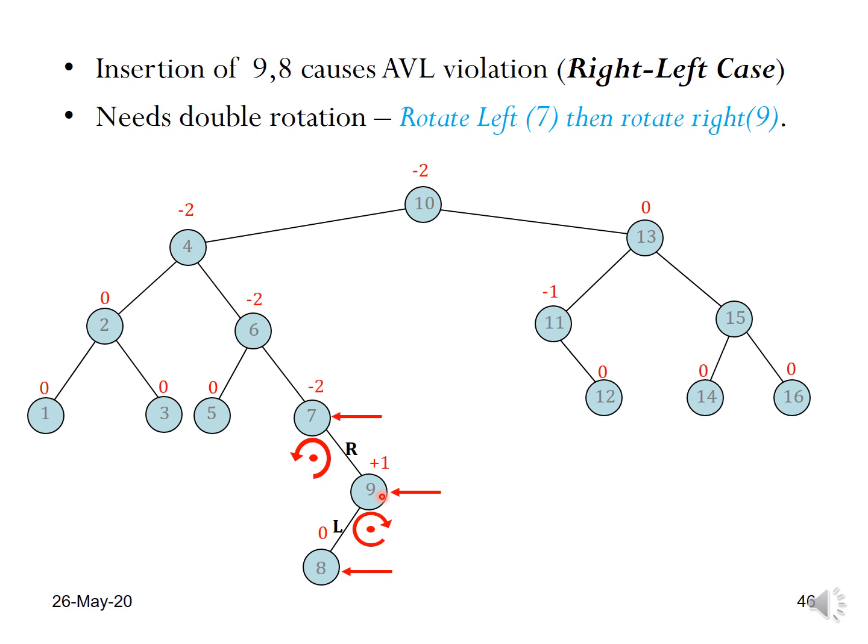The balance factor of this 9 will be 1 minus 0, this is plus 1, and the balance factor of this 7 is, because the height of the left subtree is 0 and the height of the right subtree is 1, 2, this is 0 minus 2, this is minus 2, and the balance factor of this 6 will be 1 minus 3, this is minus 2, and the balance factor of this 4 will be, the height of the left subtree is 2 and the height of the right subtree is 1, 2, 3 and 4, so 2 minus 4, this is minus 2 again, and the balance factor of this 10 will be 1, 2, 3, 4, 5, and 5 minus 3 will be plus 2.